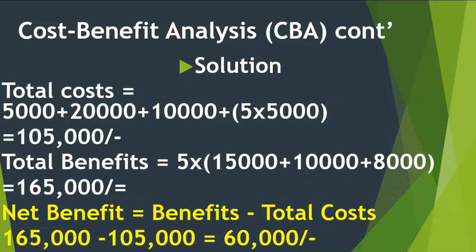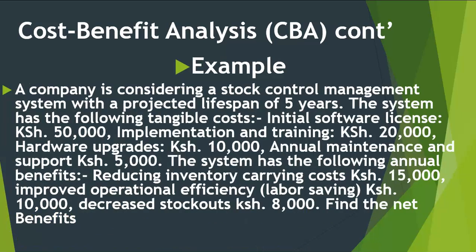So you need to break down your work like this. What are the total costs? We mentioned the initial software license at 50,000, implementation and training at 20,000, hardware upgrade at 10,000, and the annual maintenance, which is annual, not a lump sum.